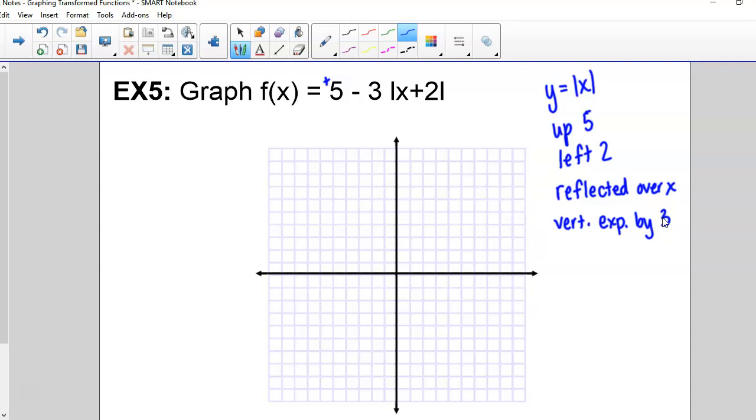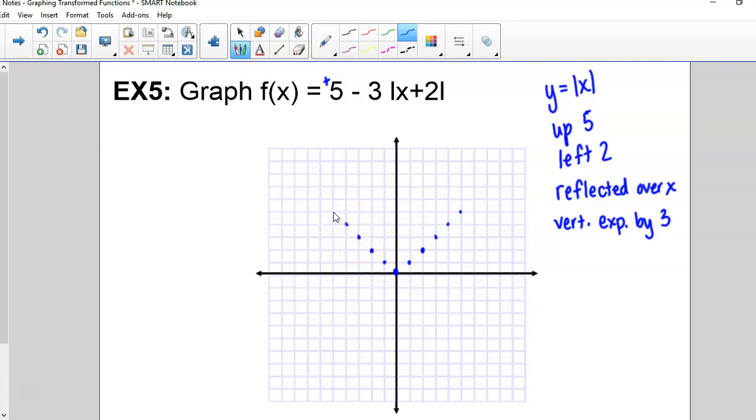Okay, so absolute value is pretty simple to graph the parent graph. Absolute value of 0 is 0. Absolute value of 1 is 1. Absolute value of 2 is 2. 3, 3, 4, 4, 5, 5, and so on. If I take the absolute value of negative 1, I get positive 1. Absolute value of negative 2 is positive 2. Negative 3, positive 3.